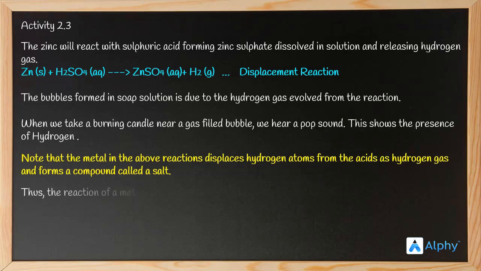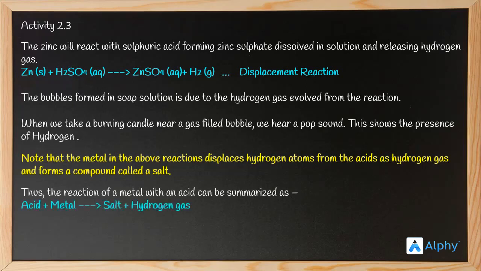Thus, the reaction of a metal with an acid can be summarized as: acid plus metal forming salt plus hydrogen gas. You can correlate both the reactions written in blue. Here the acid is H2SO4, the metal is zinc which is Zn, the salt formed is ZnSO4, and hydrogen gas is mandatory in this reaction. So this was activity 2.3.